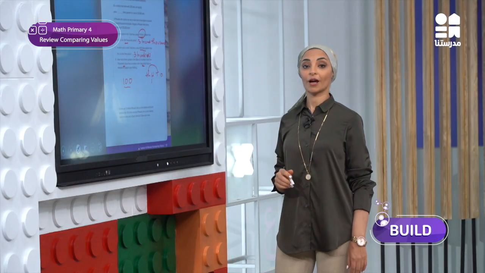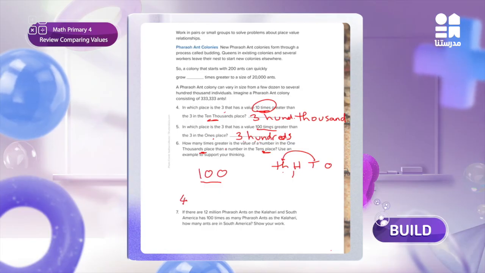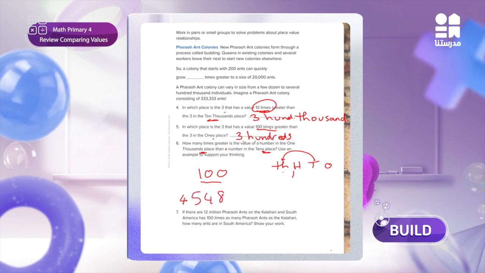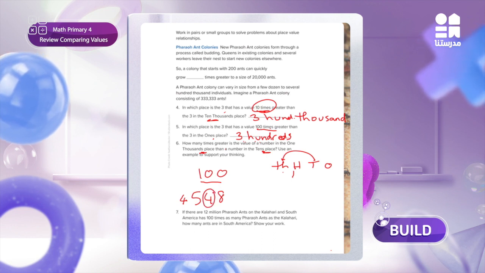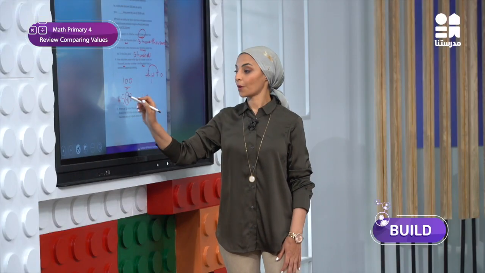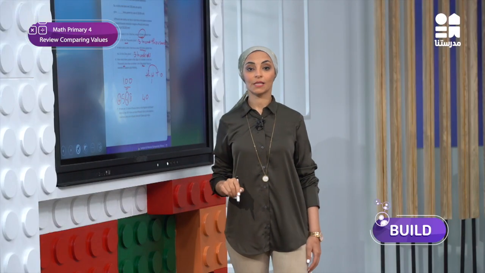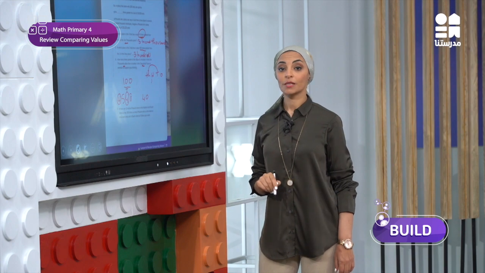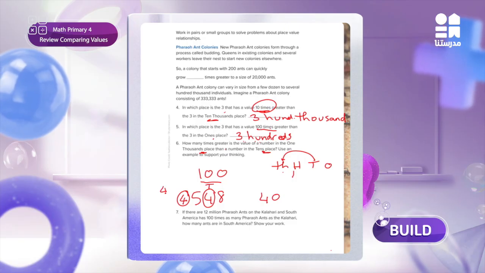Now, for example, look, I have 1548, like you see here. 4 is in the 10th place. Where is 4? Yes, this 4 is in the 10th place. So the value of this 4 is 40. Why? Because it is in the 10th place. Now, what about this 4? This 4 is in the 1000th place. So the value of this 4 is 4000, right?